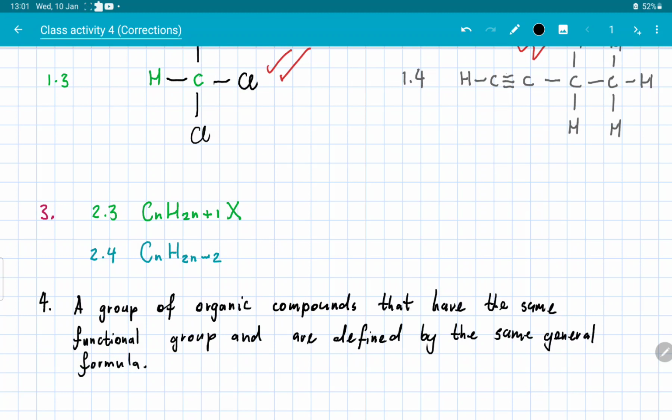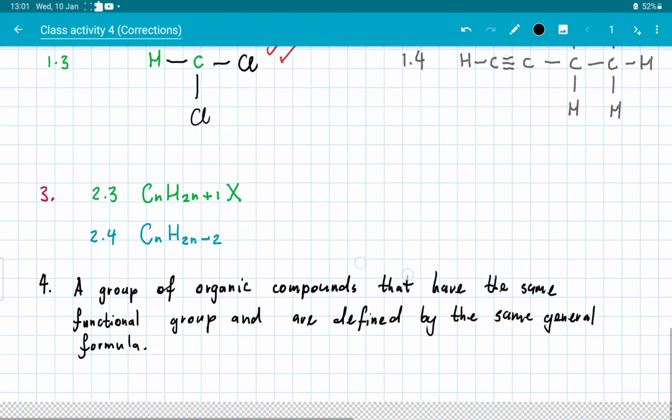I'm well aware that others may write it with the same general formula. It's fine.